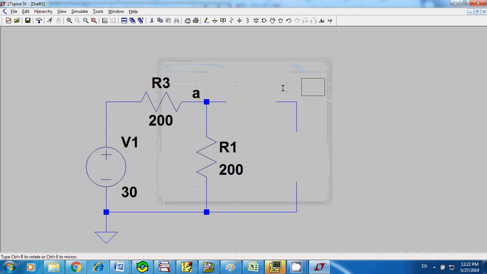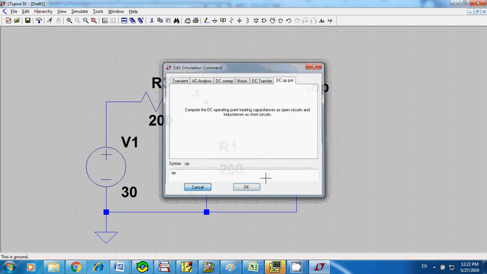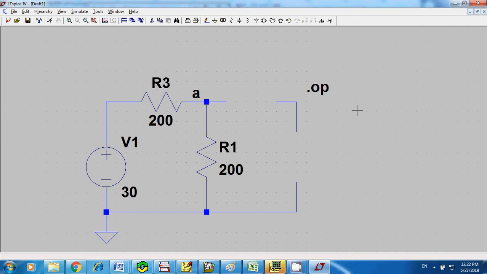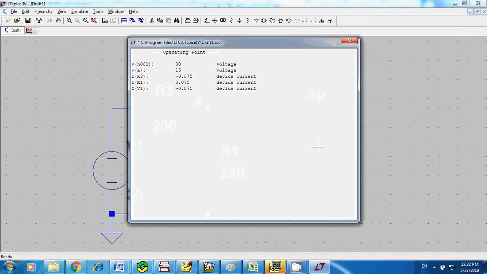You click OK, and you left click to place the box. And now you're ready for a simulation. You go to run, and then it should pop up to give you a VA of 15 volt, right? Same as I did in PSpice. So this one, your VA is 15 volt.